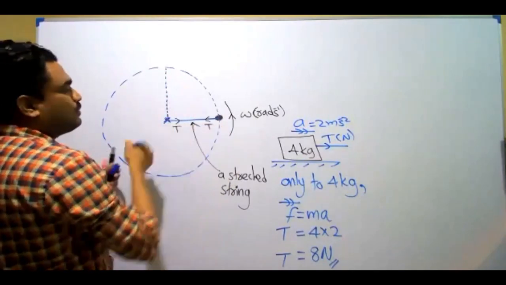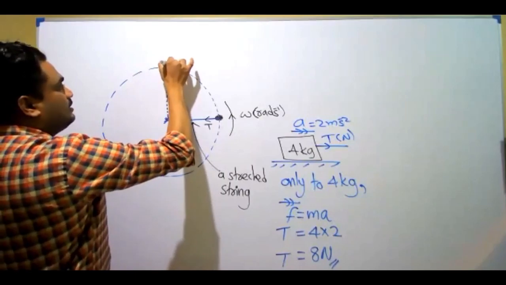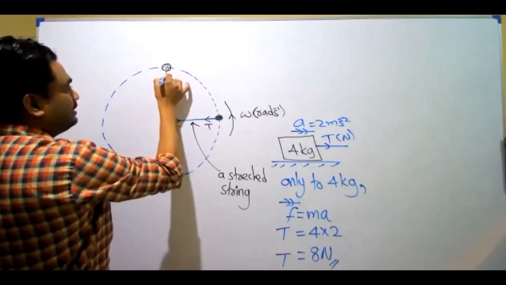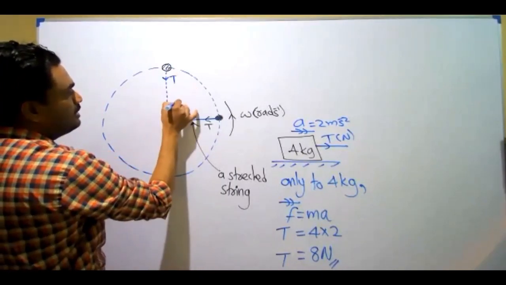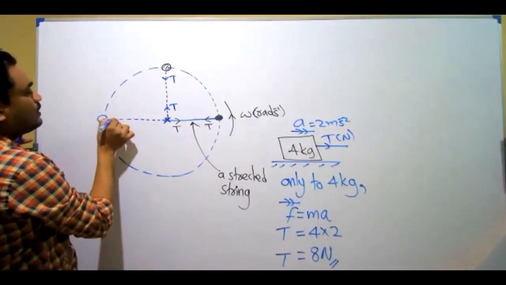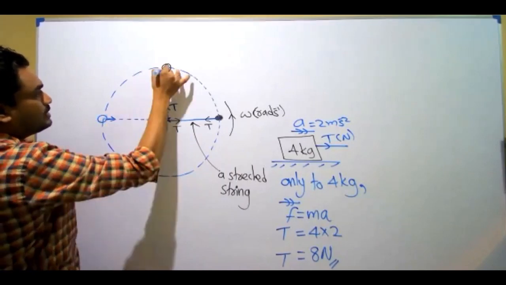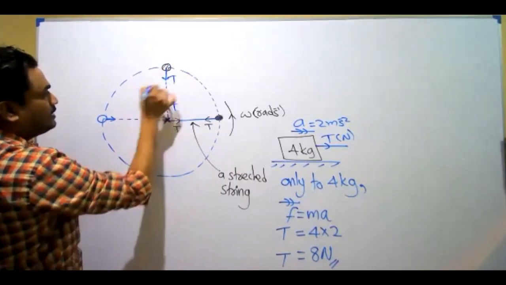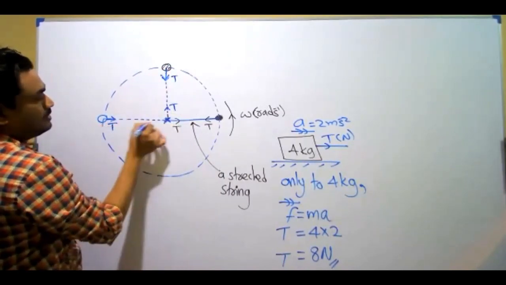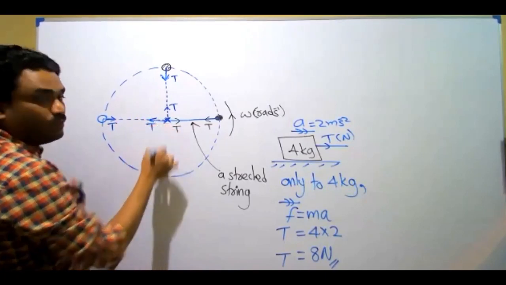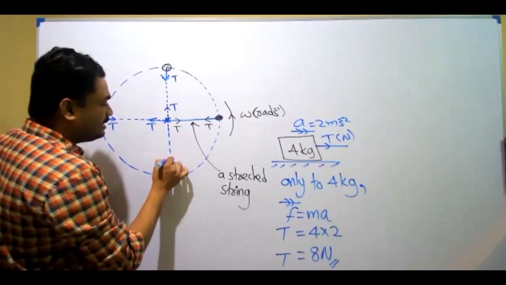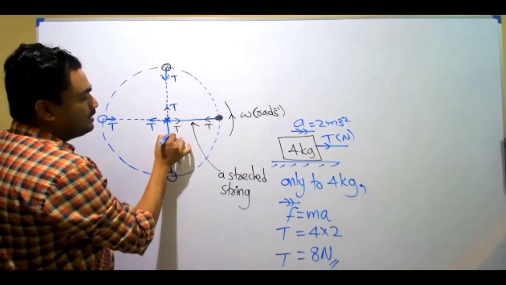When this particle has reached this position, again you can observe the same tension forces like this. If you consider this position, again you can observe the same tension forces acting on this particle, actually the metal ball, T Newton and T Newton. If you consider the position when the particle is here, again we have the same tension forces, T Newton and T Newton.